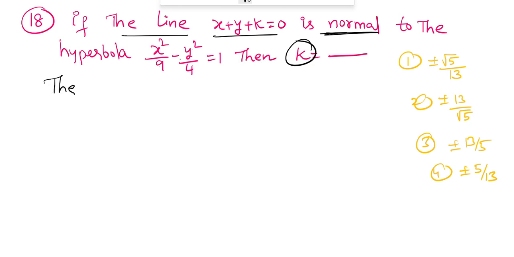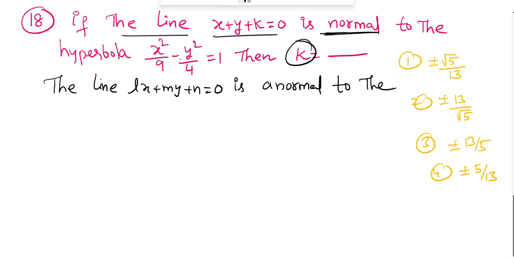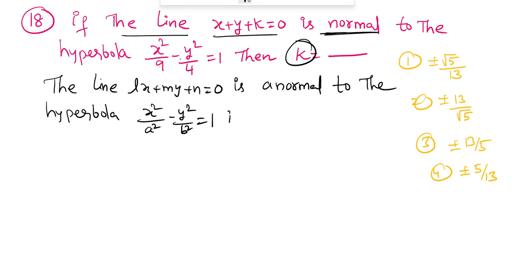The line lx plus my plus n is equal to 0 is a normal to the hyperbola x square by a square minus y square by b square is equal to 1 if a square by l square minus b square by m square is equal to (a square plus b square) whole square by n square.